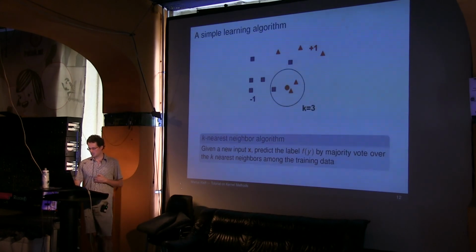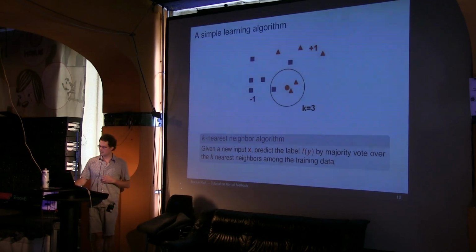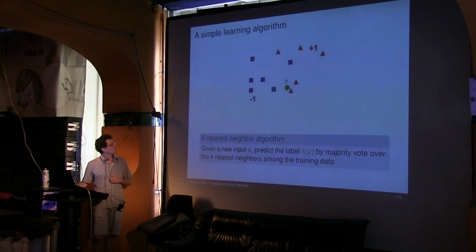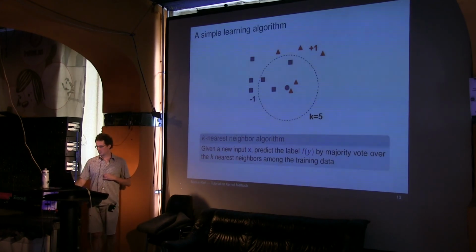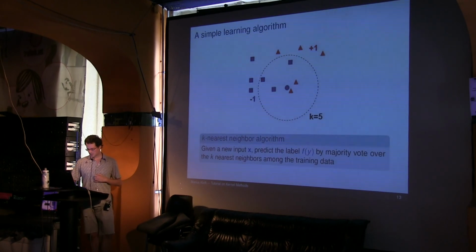For instance, if you choose k equals 3, this greenish point in the middle would get a red label, and for k equals 5, a blue one. So it just checks the neighborhood and performs a majority vote.